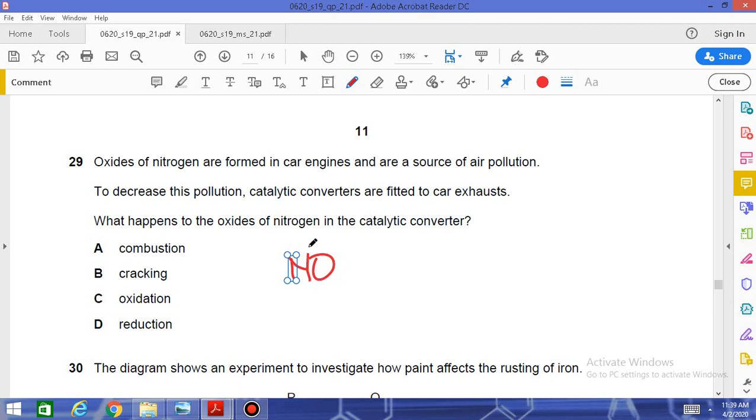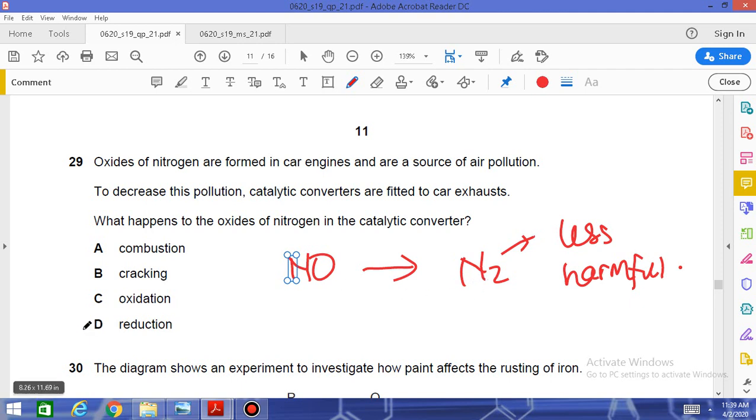When the oxide of nitrogen is in the catalytic converter, it's converted into nitrogen. Nitrogen gas is less harmful. Okay. So in this case, nitrogen monoxide is reduced into nitrogen. So the answer is reduction because it's losing oxygen, right?